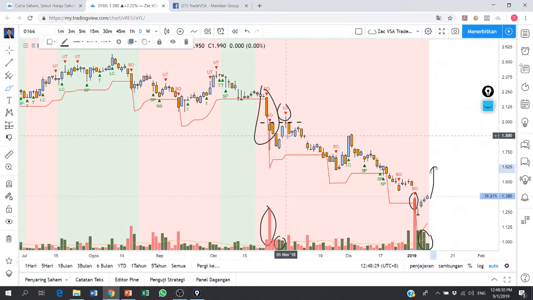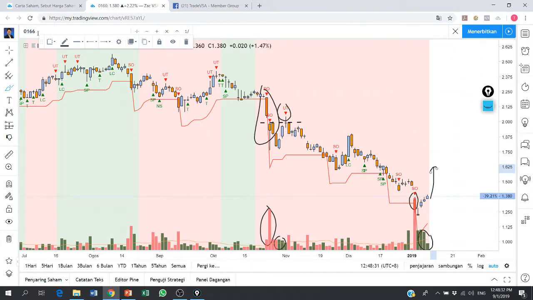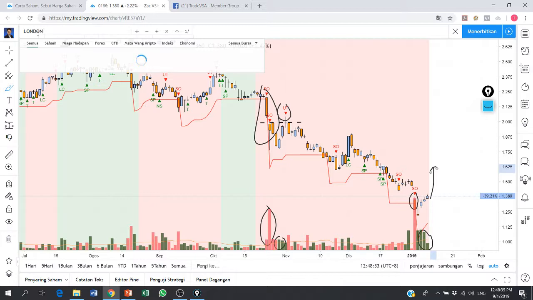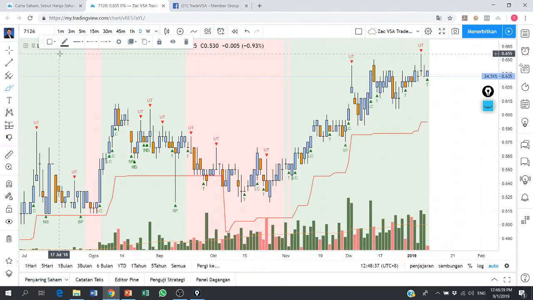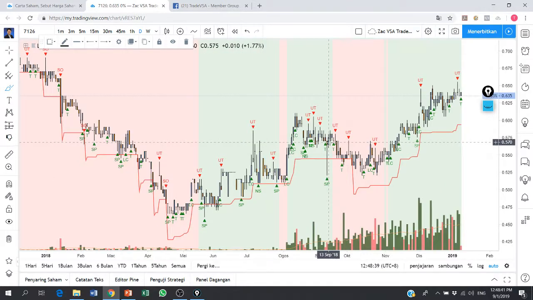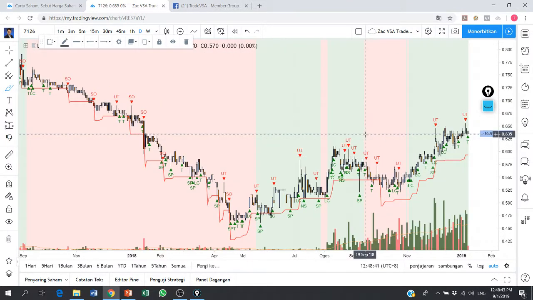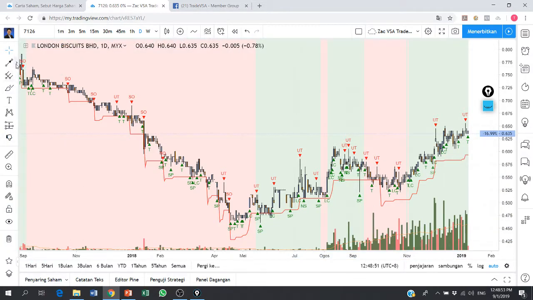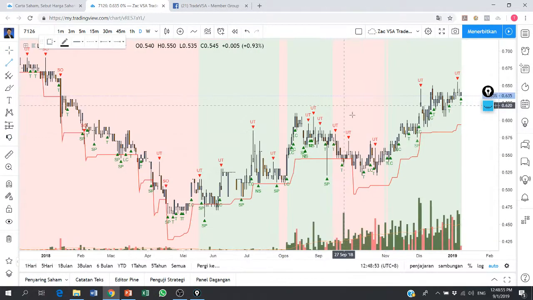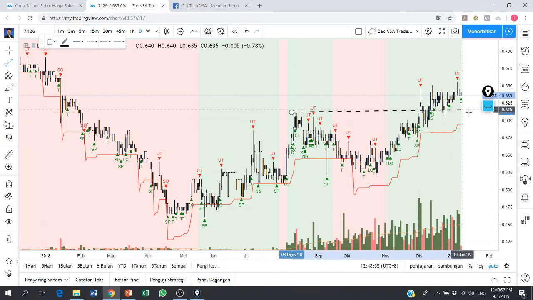This is from Brian, London Biscuits. I believe you're looking for entry, am I right, Brian? Definitely this is a nice one, a very nice markup stage over here. Looking at support and resistance, this is the new support and resistance.